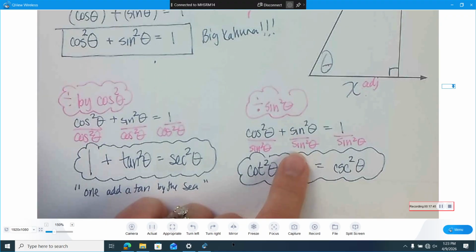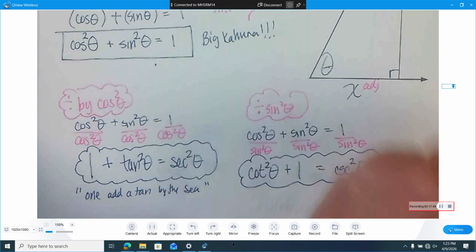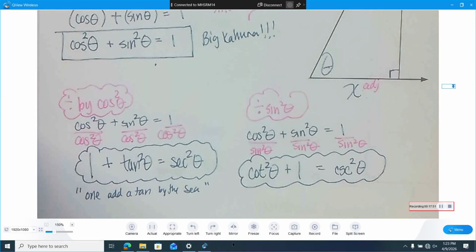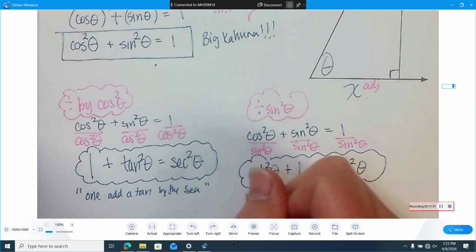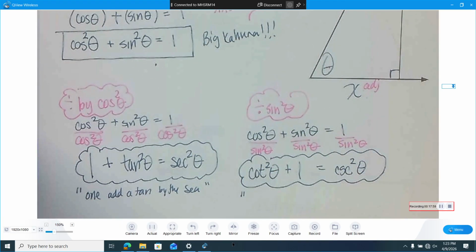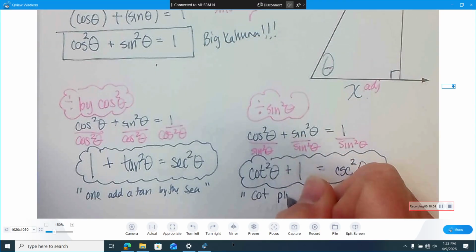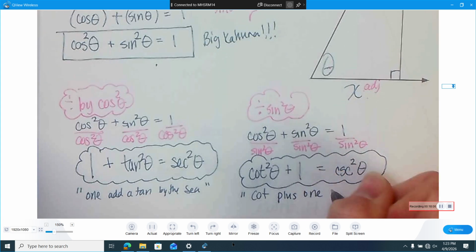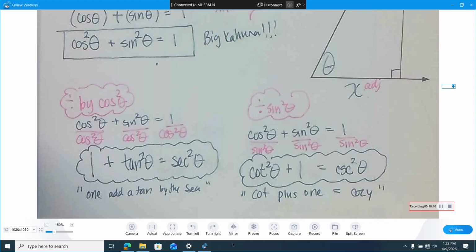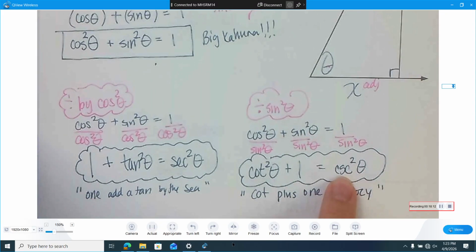I know how many tests I've done where I just go through and take a second to derive it because I can't remember it. All right, so I do have a fun saying for this one too, which I didn't know until probably a decade ago now. This one is cot plus 1 equals cozy, but you kind of have to say cot plus 1 is cosi, as in cosecant, okay?